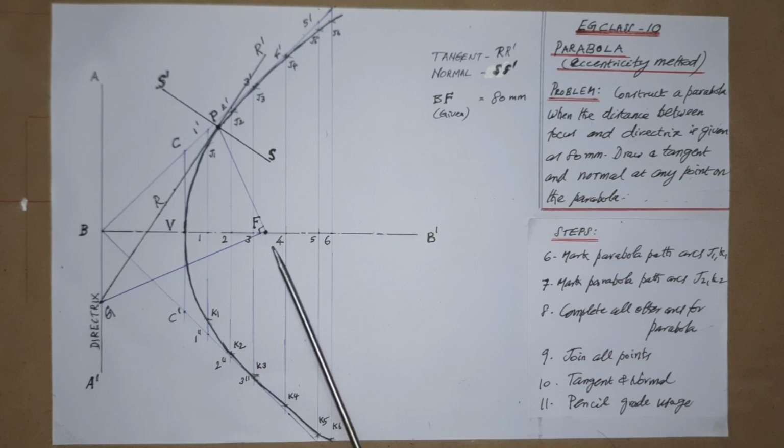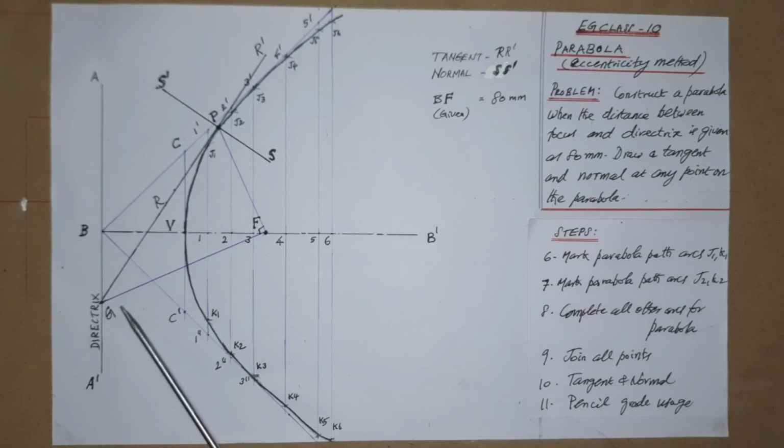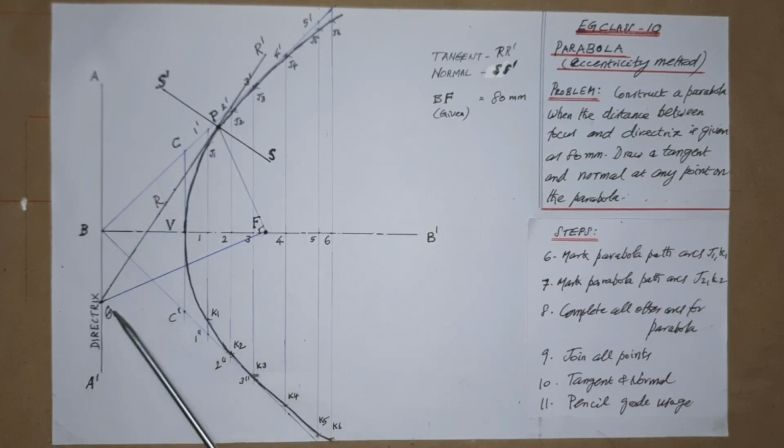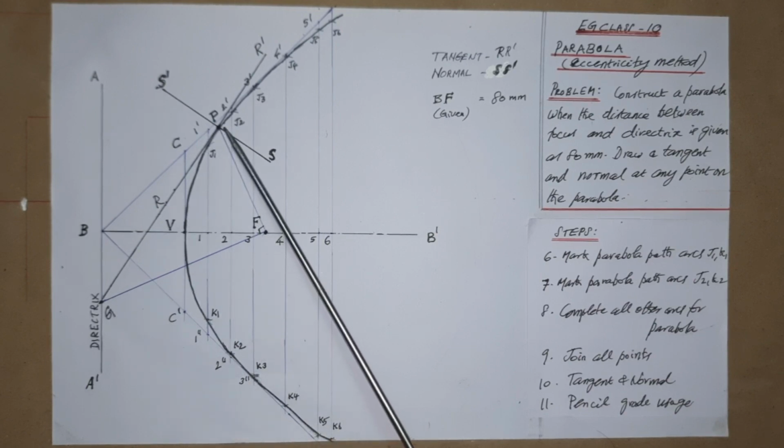Then draw a line perpendicular to PF from F so that it meets the directrix at the point G. Now join the line GP, P is already known, G is known, so join the line GP and extend.